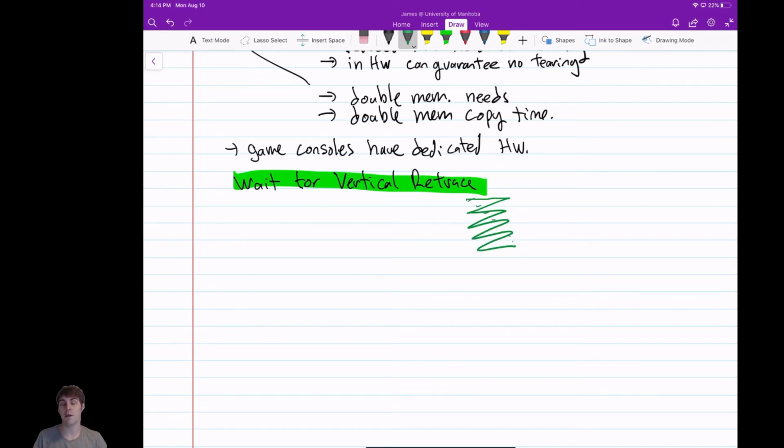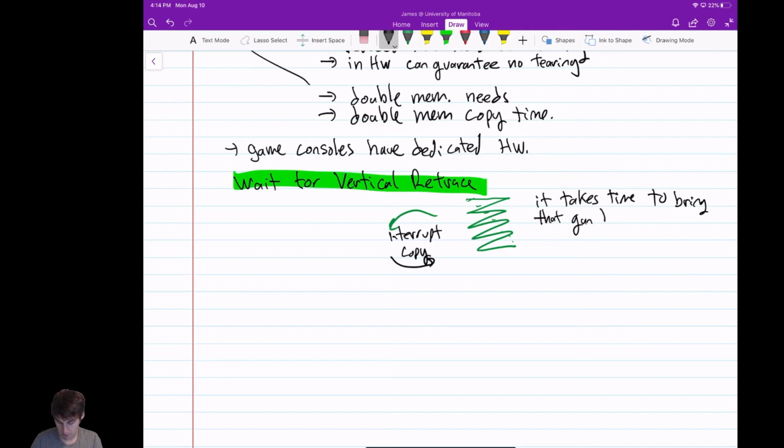That takes a lot of time, and it's not drawing while it's doing that. So you wait for that, it sends you an interrupt, and then you copy during that move, and you can minimize that tearing. It takes time to bring that gun back, and you can leverage that.